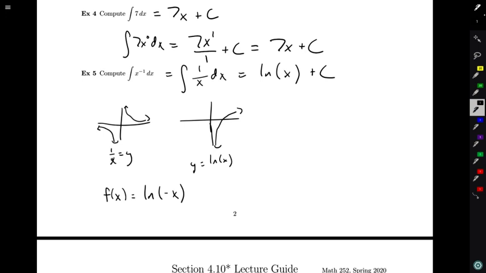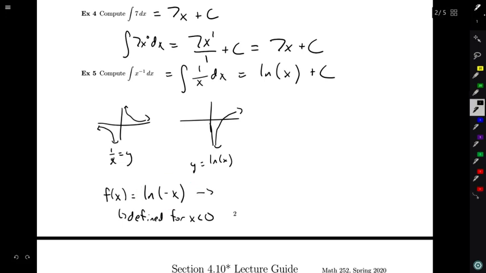So natural log of negative x is defined for x values less than 0, because if I plug in some negative x value, I take its negative to get a positive inside the natural log, and then I can take a natural log of a positive number as normal.